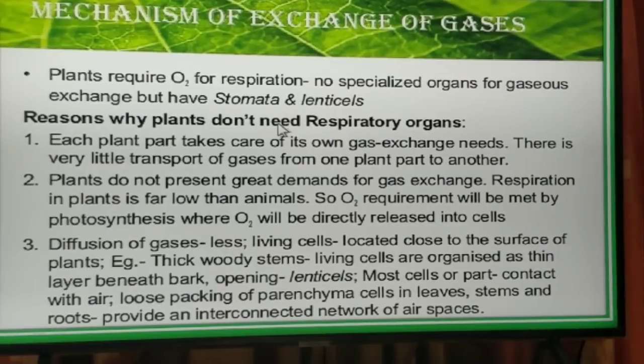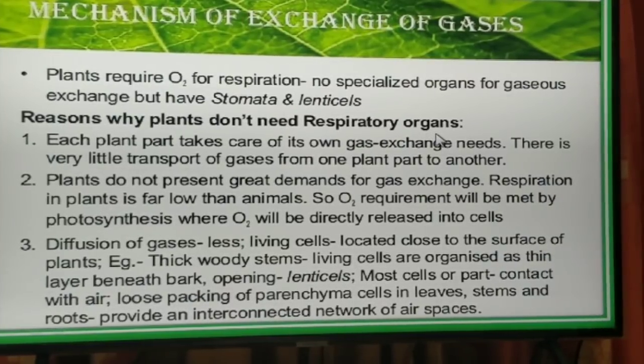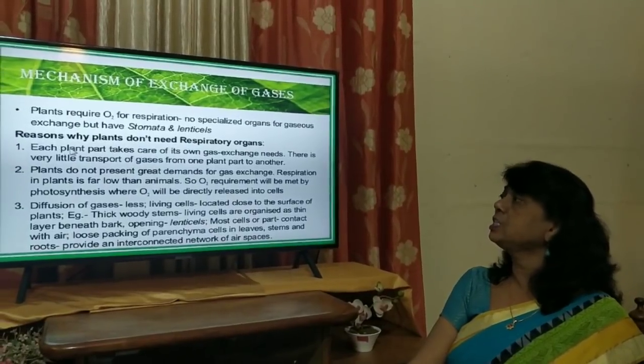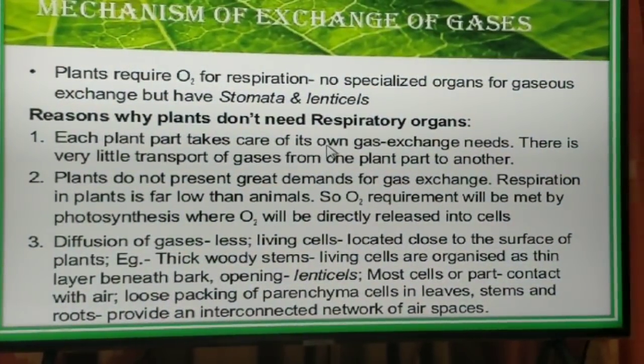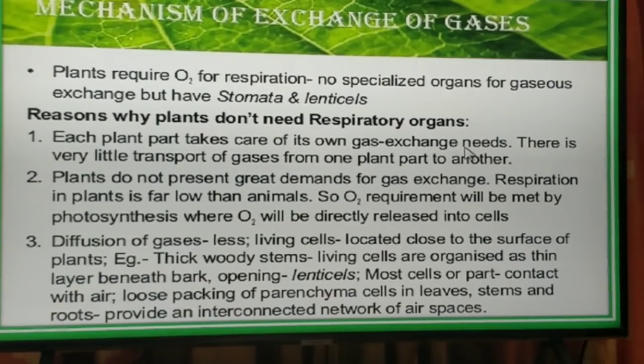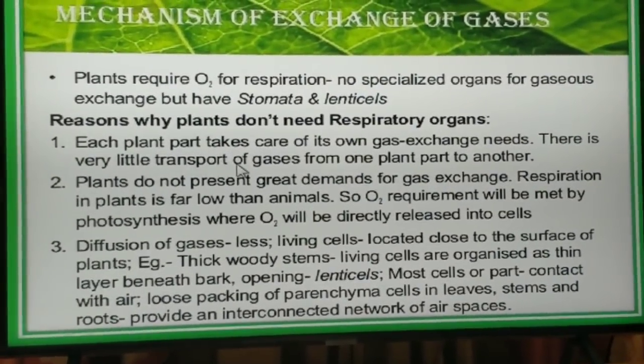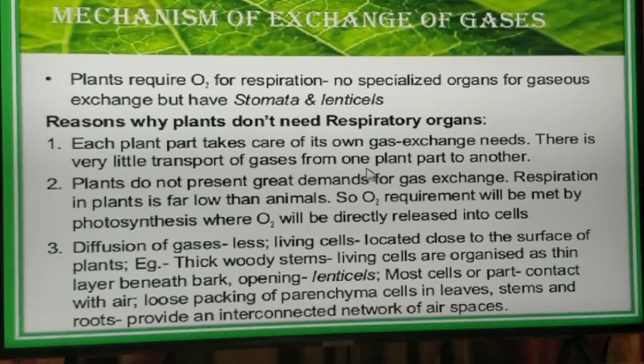Now, the reason why plants don't need respiratory organs. What could be the general reason? Each plant part takes care of its own gas exchange needs. There is very little transport of gases from one plant part to another.